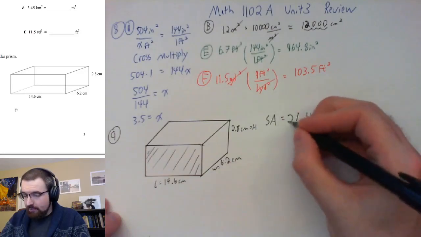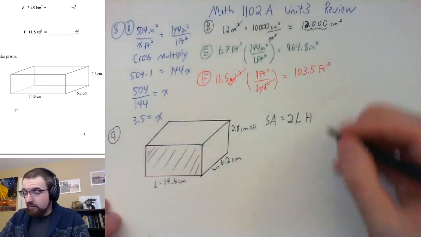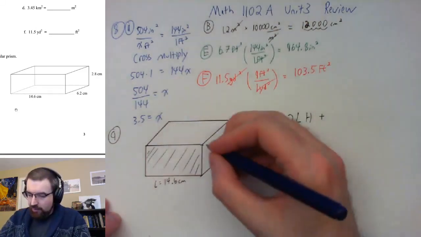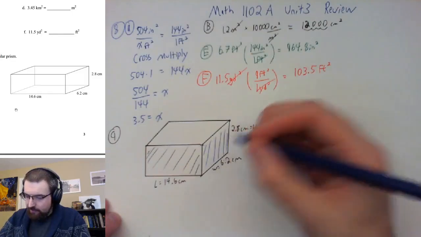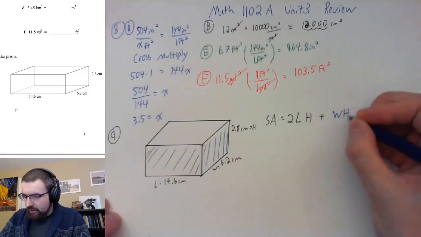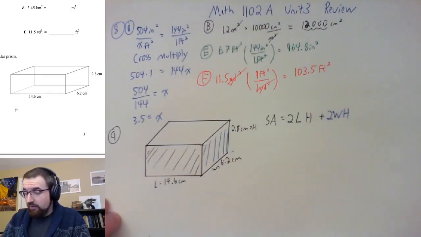But there's two of them, because there's the one behind as well. And then we're going to add, because we always add with these. Now this side over here, the one I'm going to do in blue, that one is going to be width times height, because you can see it's width this way and height this way. And there's going to be two of them as well.